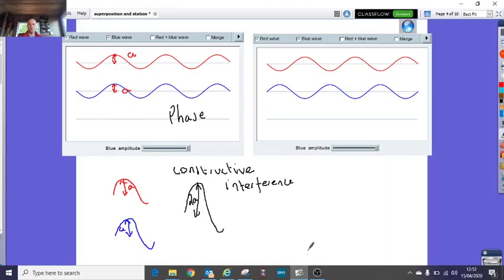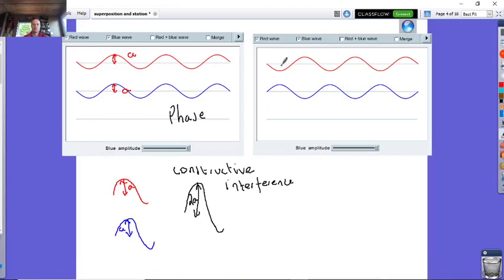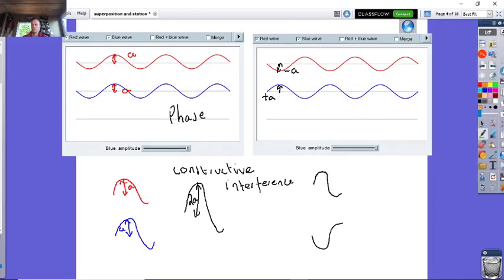Now, to show you this happening, as I said before, this wave is going down by amplitude minus A, and that one is going up by plus A. Drawing my waves here, that one goes up like this, and this one goes down.